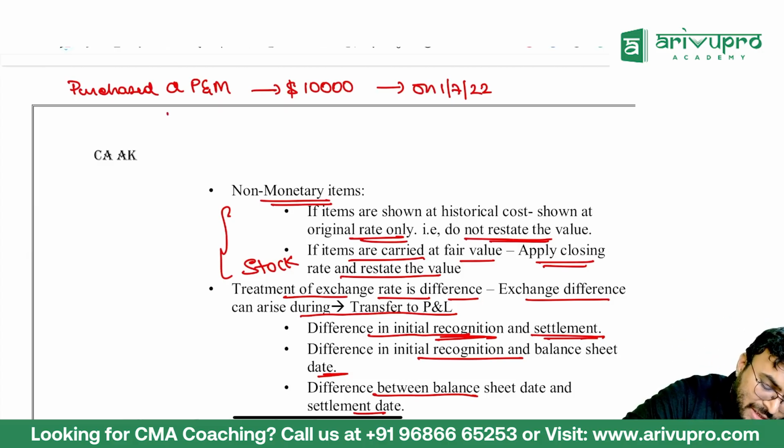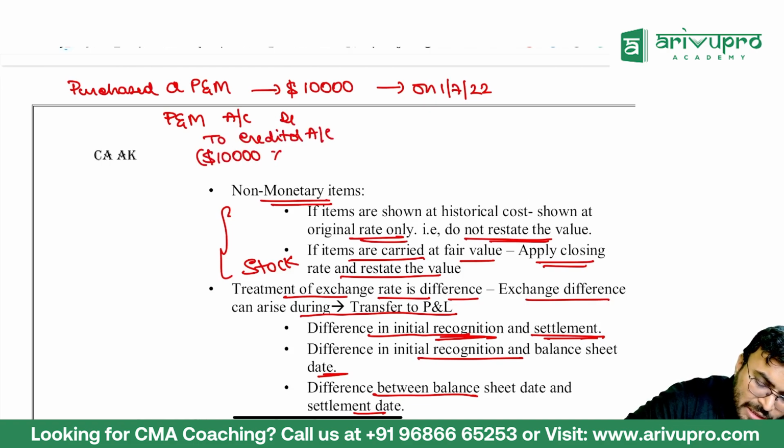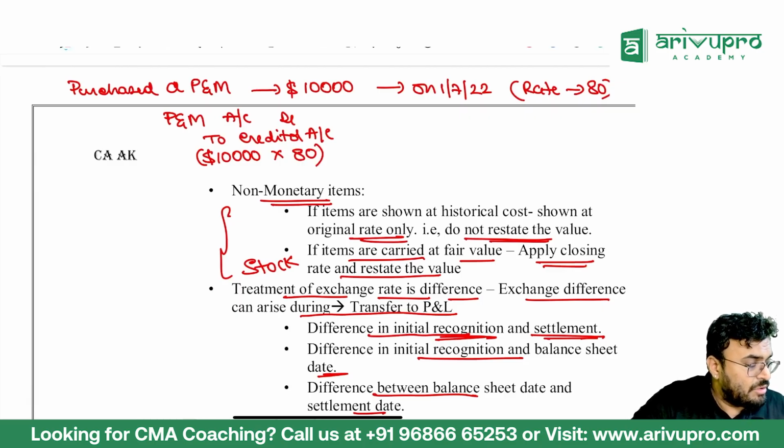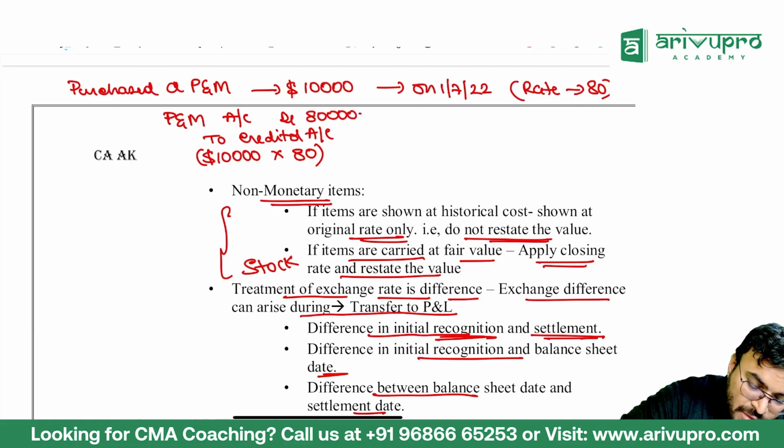Plant and machinery account debited to creditor, as I didn't pay the money. Let's assume that day's rate was 80. $10,000 into 80 is going to be 8 lakhs.